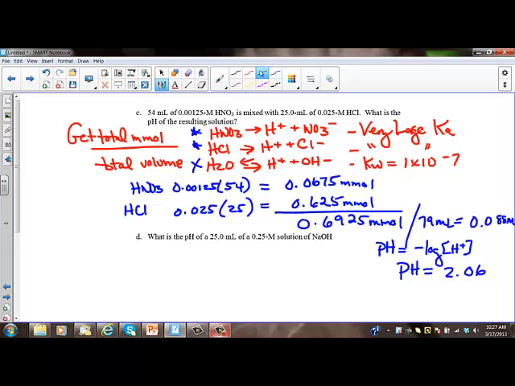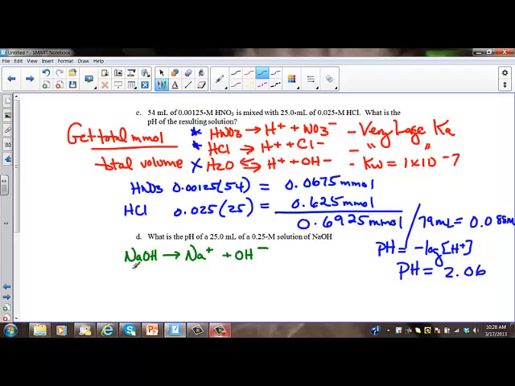And in the last example, what is the pH of a 25 milliliter of 0.25 molar solution of NaOH? NaOH is a strong base. Okay, so Na plus OH minus.